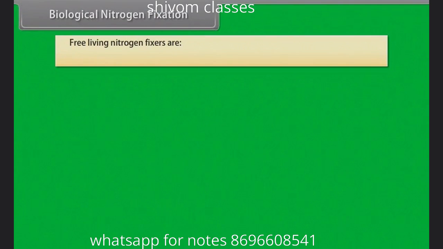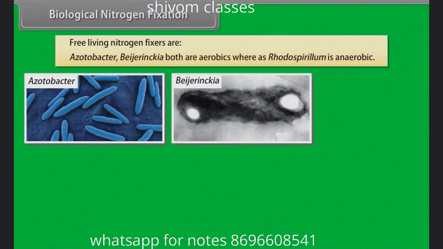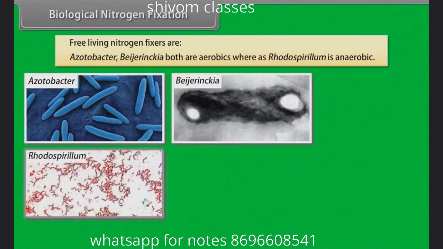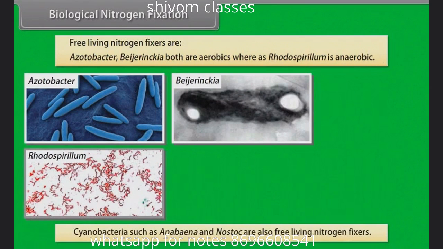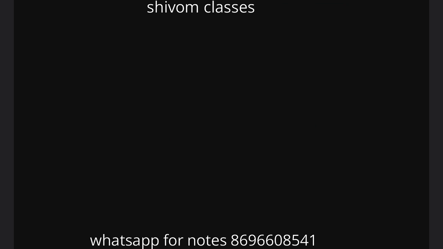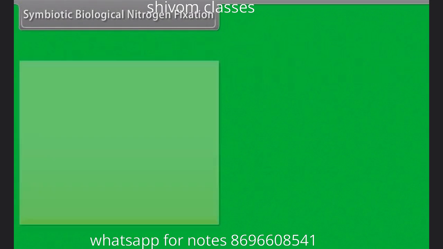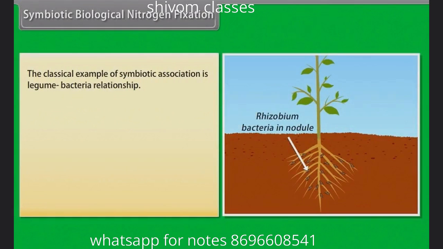Free-living nitrogen fixers are Azotobacter and Beijerinckia, both aerobic, whereas Rhodospirillum is anaerobic. Cyanobacteria such as Anabaena and Nostoc are also free-living nitrogen fixers. Symbiotic biological nitrogen fixation. The classical example of symbiotic association is the legume-bacteria relationship.